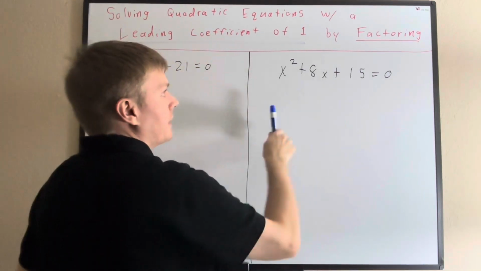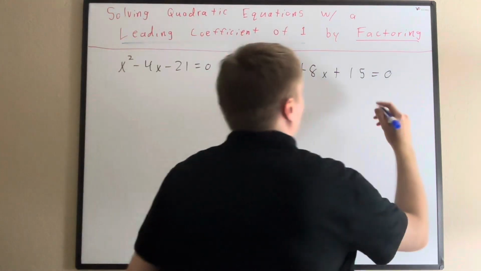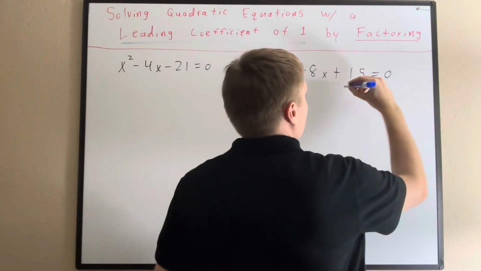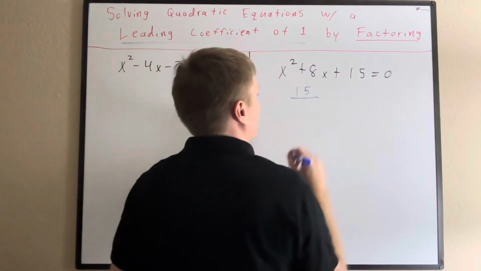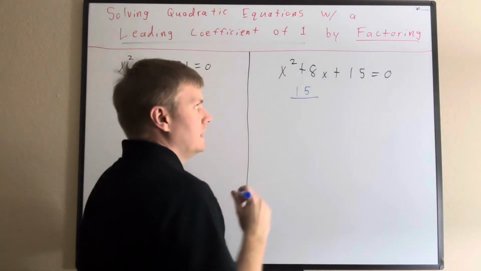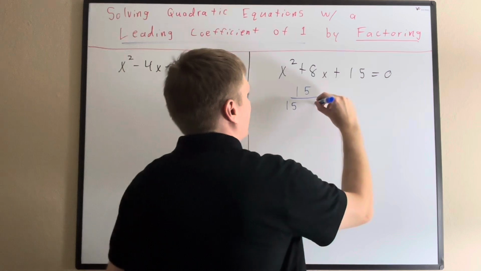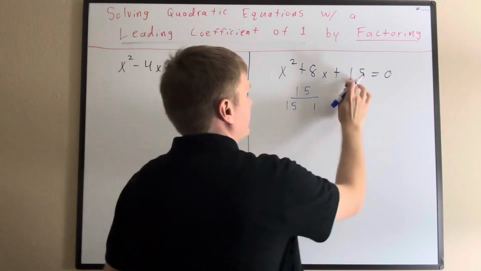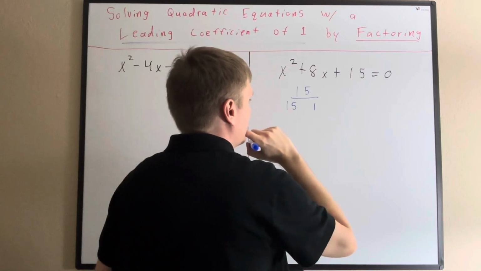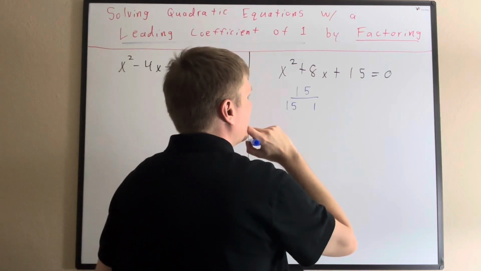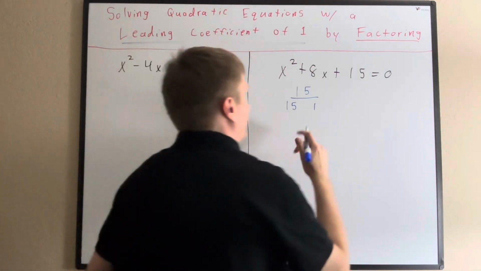Let's start with this one on the right here. So what do? We find c, okay, that's 15, and we list all of its factors, right? Factors of 15, well, there's 15 and 1, and they're both positive because it's positive. And there's no variation on that since it's positive.